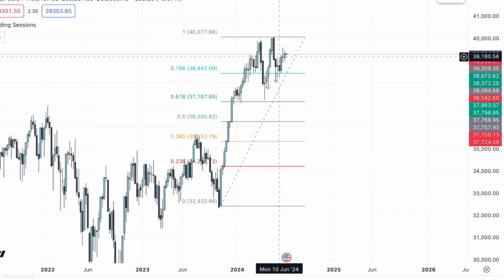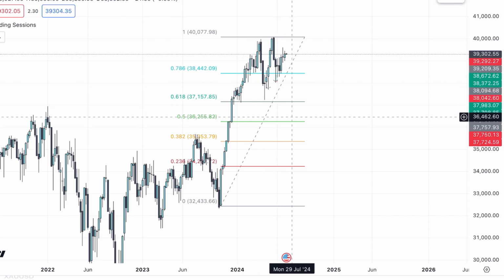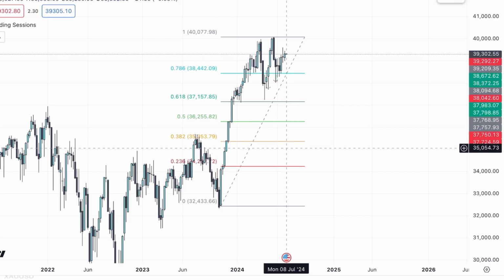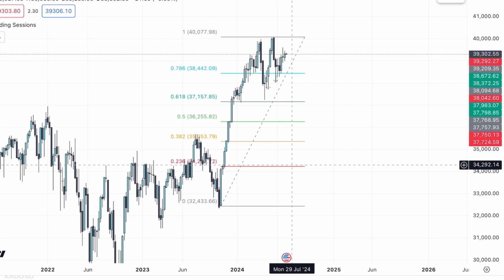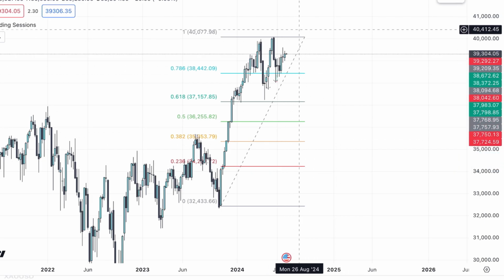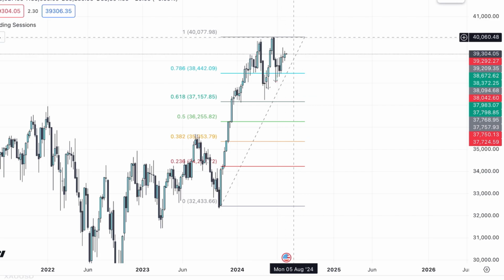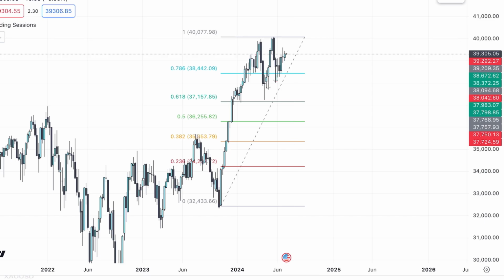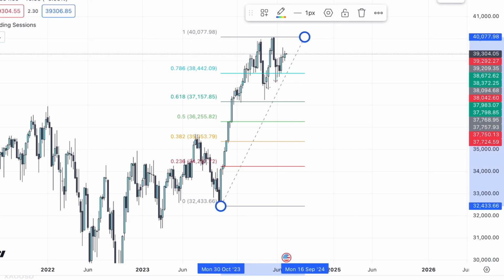So you have to wait for this market to come back to this level, and maybe probably into the OTE, and then you might think of going long until it breaks out to this level. But for this reason, I advise those who do intradays, they might be looking for longs at this point.